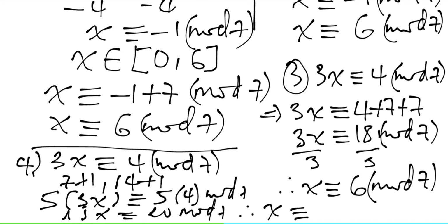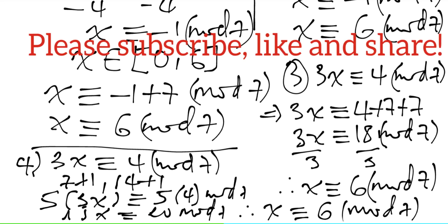That simply means what is the remainder when you divide 20 by 7, and the remainder is 6. So it still gives me 6 mod 7, the unique solution that we had using the other 3 shortcuts.